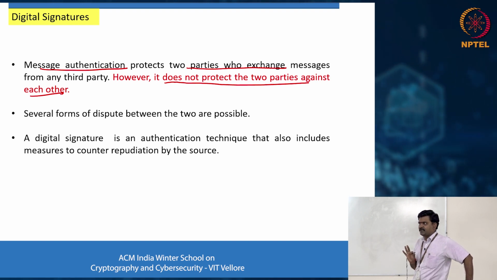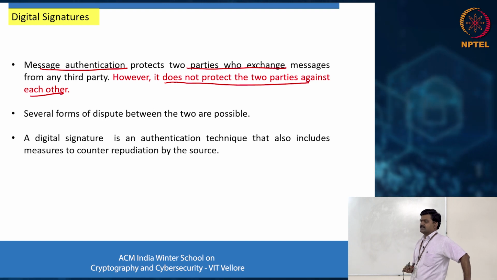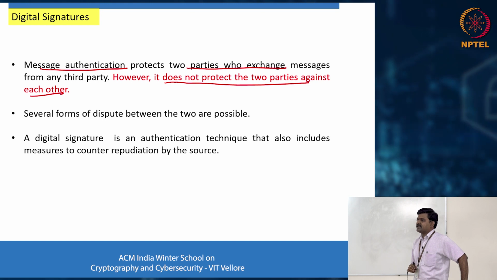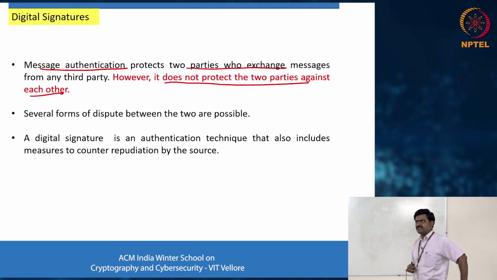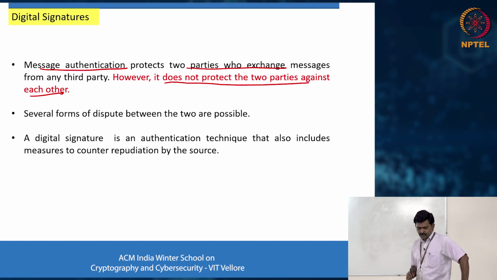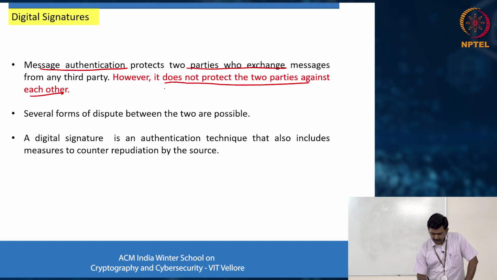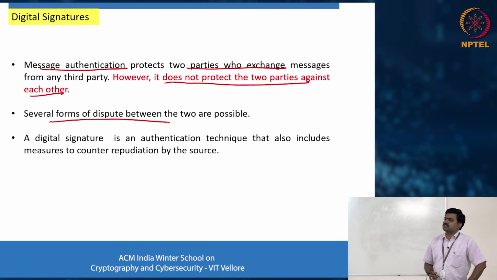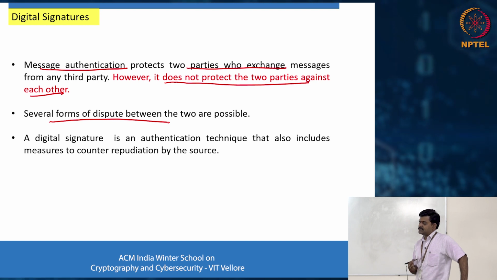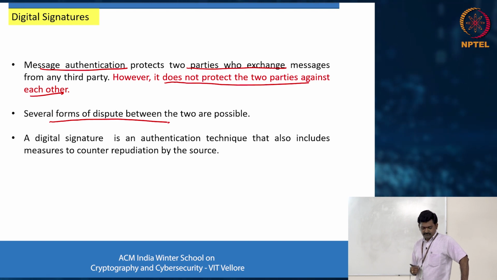That's what we were assuming. Now, the question is this: Alice sends something to Bob and later says, no, I have not sent this message, right? So that means the threat is between the two themselves. The point is that there are several forms of disputes that can happen when there are transactions and communications between entities, right?